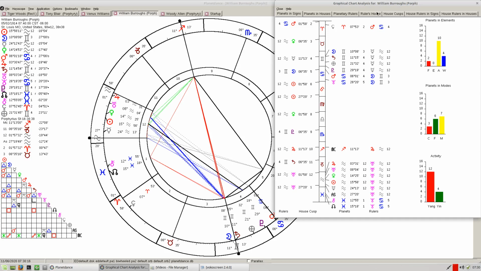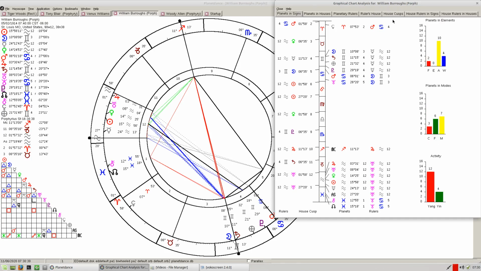What you have here is a tabbed presentation of the data, so you can roll through planets in signs, planets in houses, positions of the planetary rulers, position of the ruler in house, house cusps, house rulers in signs, and house rulers in houses.